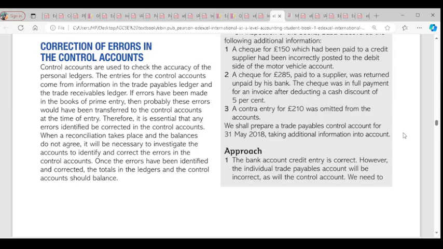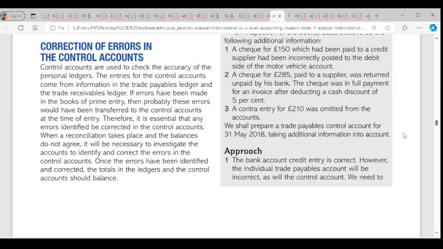If the trade receivable account has an error, the trade receivable control account will have an error. If the trade payable ledger has an error, the trade payable control account also has an error. So it is important to correct control accounts as soon as errors are detected in either the trade receivable account or trade payable account.